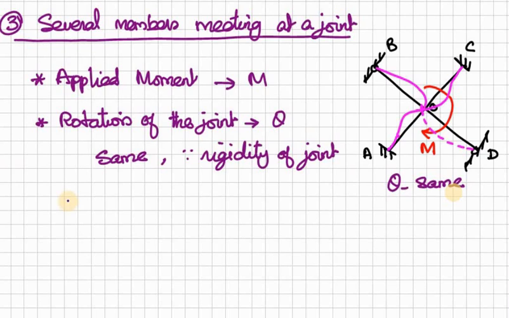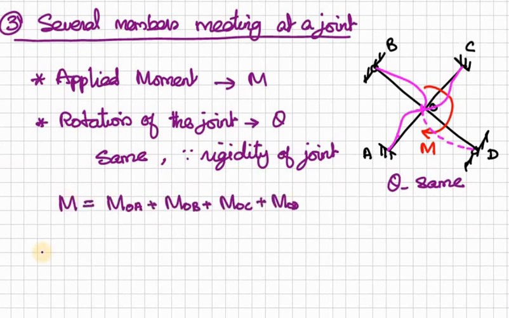So for equilibrium, this applied M should be equal to the summation of the moment resisted by each member. That is, M is equal to MOA plus MOB plus MOC plus MOD.